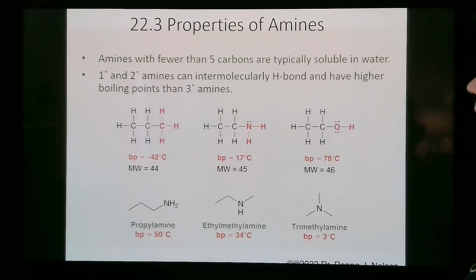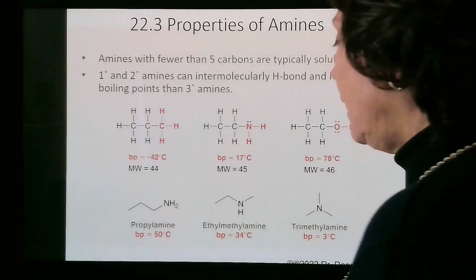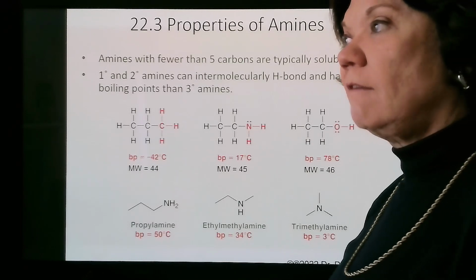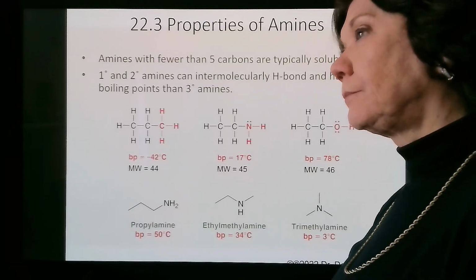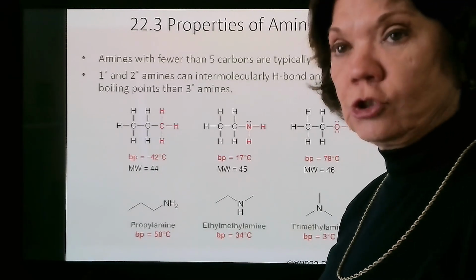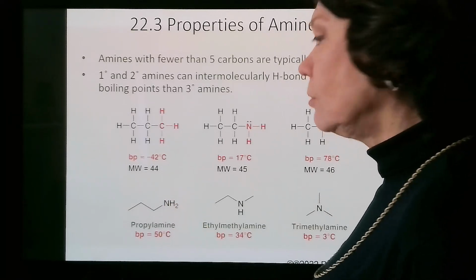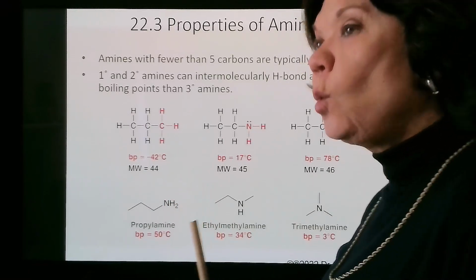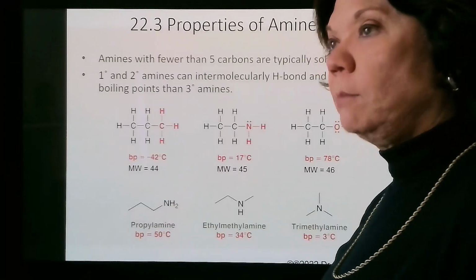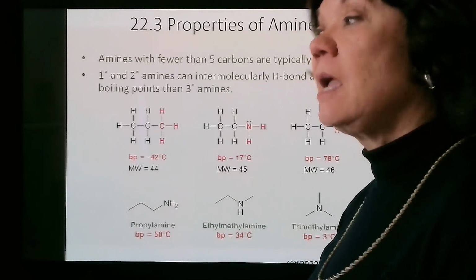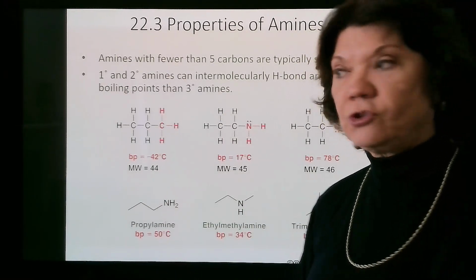Remember, the boiling point is indicating the amount of intermolecular interaction. The more tightly the molecules are bonded or attracted to each other, the higher the boiling point, because more energy will have to be put in to overcome those intermolecular associations.